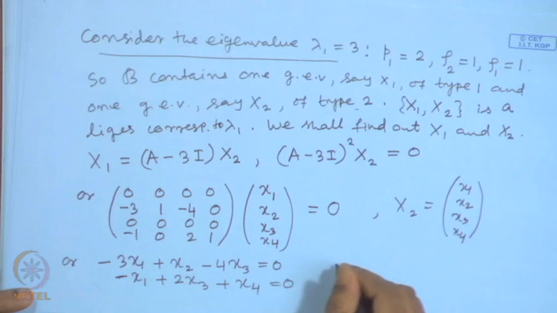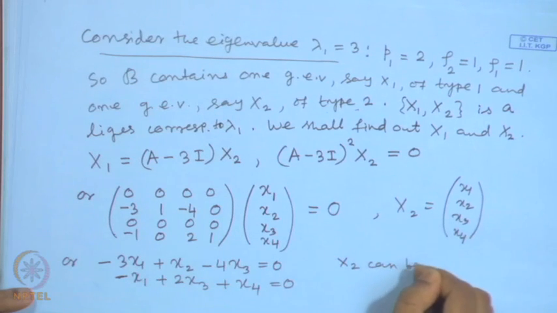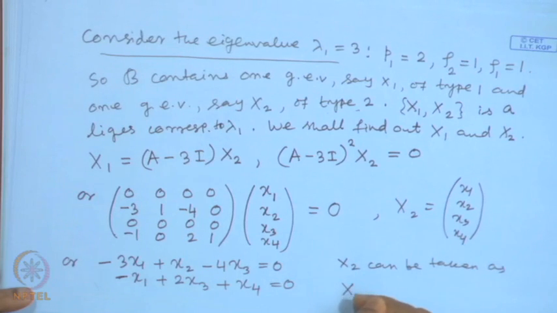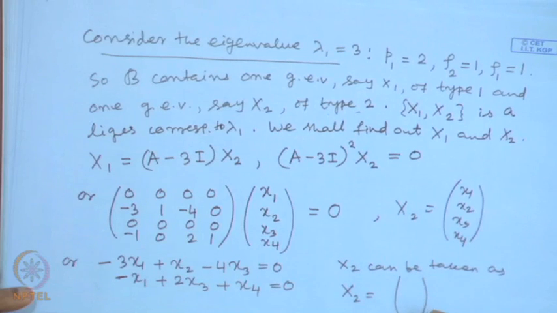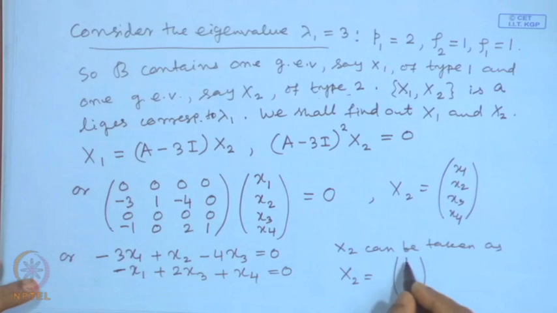So, x 2 satisfies these two equations, and we can solve for it. Let us take x 2 to be the vector 1, 3, 0, 1.